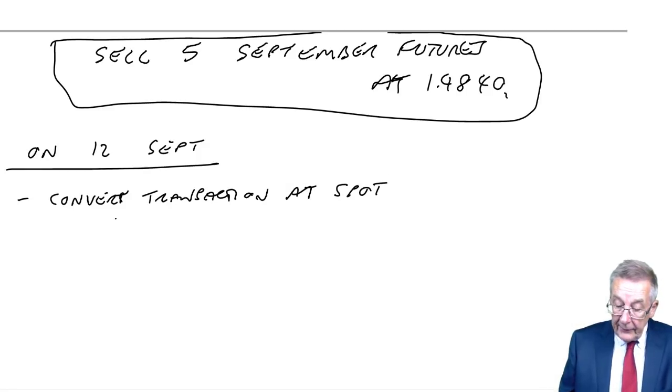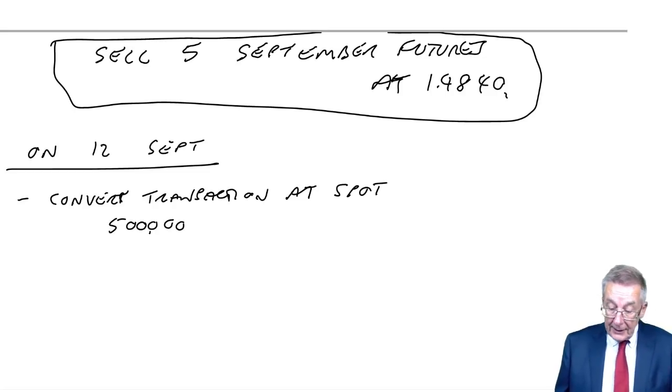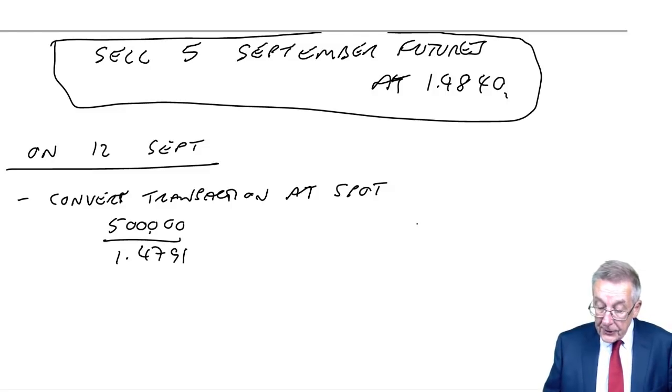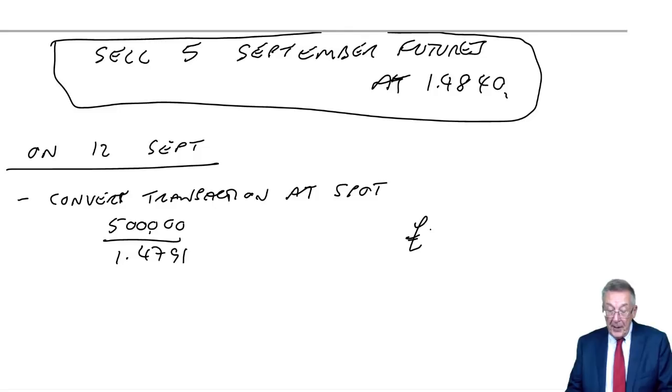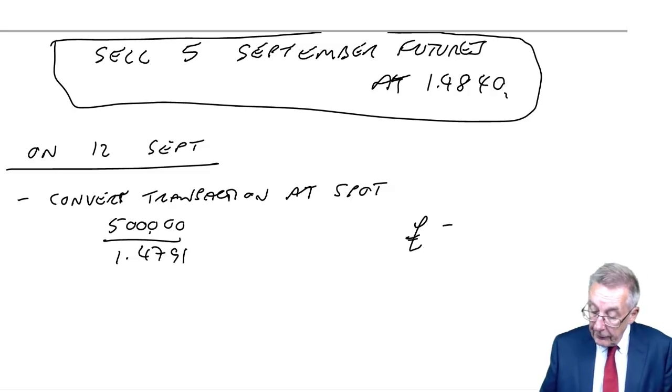It's $500,000, we're buying dollars, and so the relevant rate is 1.4791, and so we'll actually have to pay $338,043.